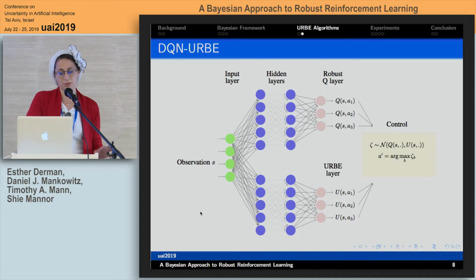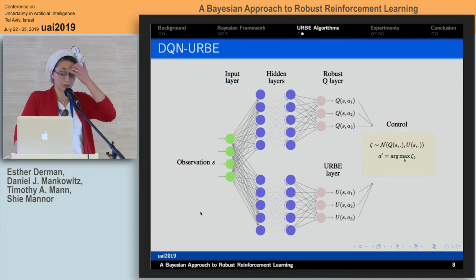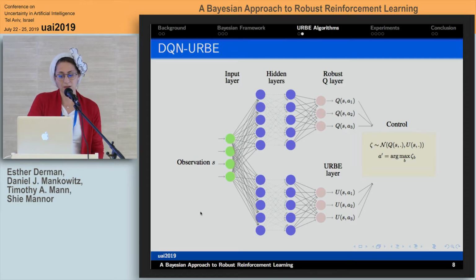This is for a fixed uncertainty set, and the second output will compute the variance of this, and we call this the URB layer. And what the agent will act according to is a sample from a normal distribution centered at the current robust Q value, and which has variance, the second output of our network.